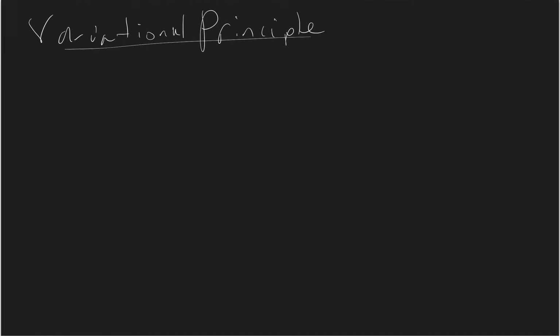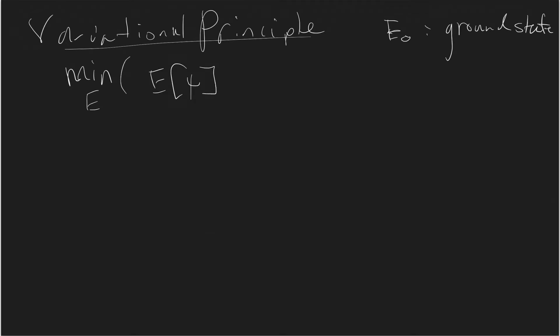What this means is that the energy of a ground state, so let's say E naught is the ground state, the energy of the ground state is the minimum possible value of the energy functional.